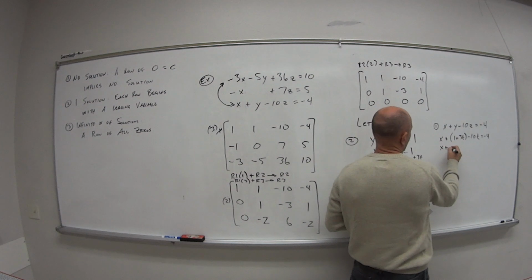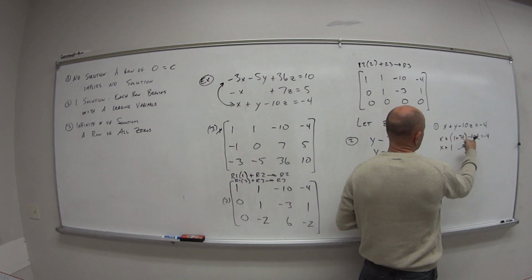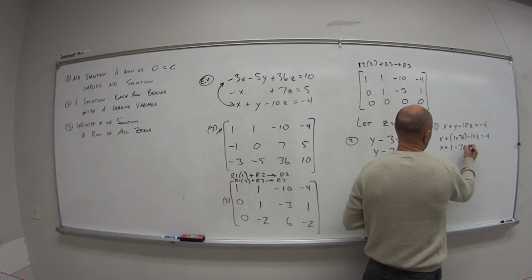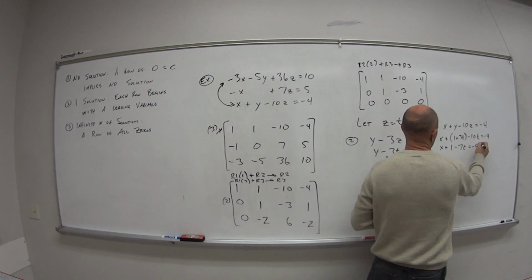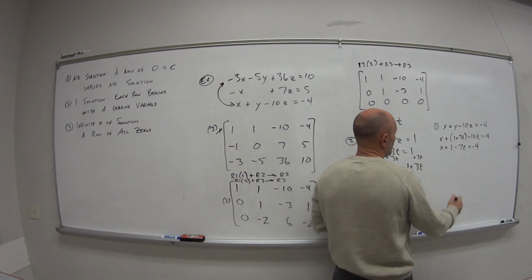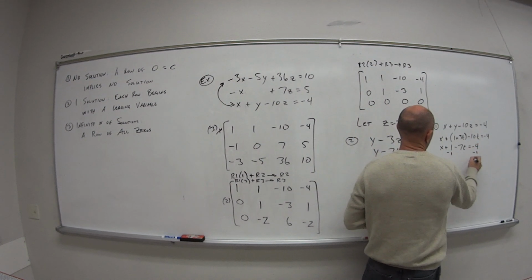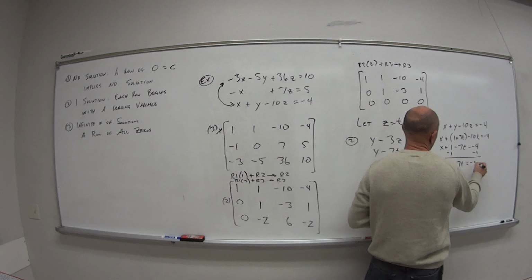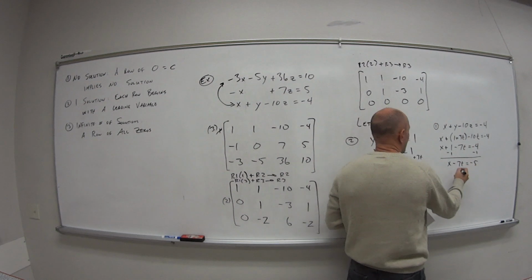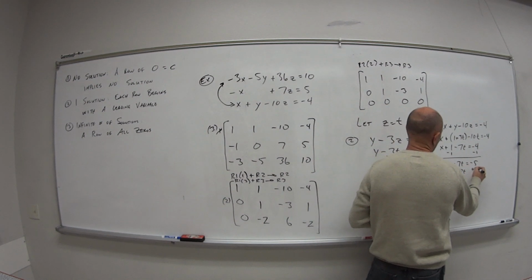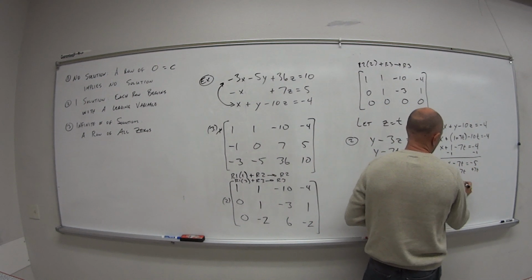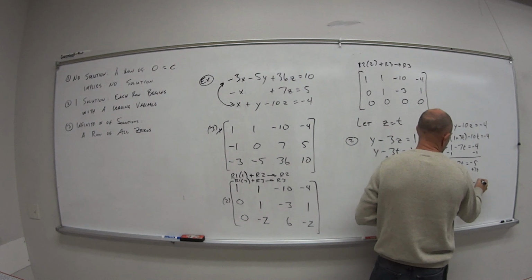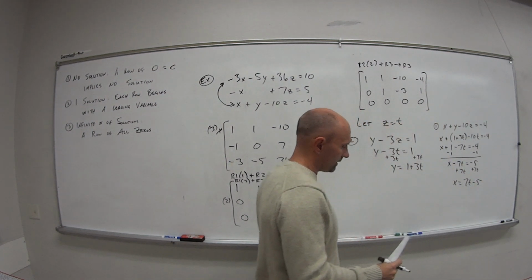So we get what? X plus 1, 3t minus 10t is minus 7t, equals negative 4. Subtract 1, x minus 7t equals negative 5. And now add 7t to both sides. It says that x is equal to 7t minus 5.